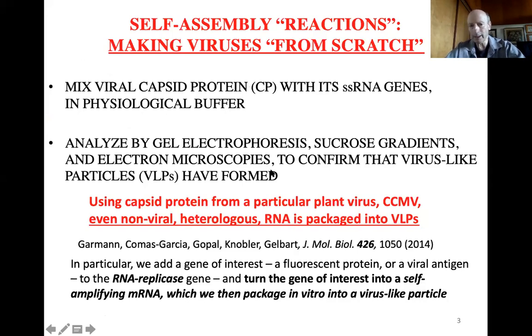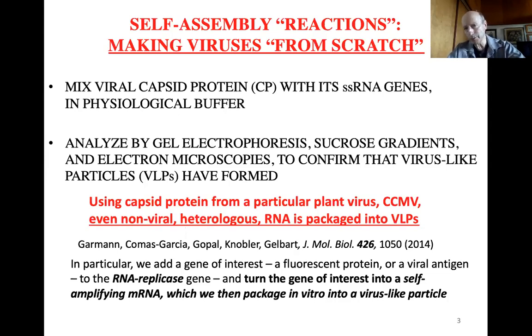And when we analyze the reaction mix, we find when we're using the capsid protein from this plant virus CCMV, that we can package any RNA. It doesn't have to be the viral RNA; it can be RNA corresponding to a particular gene of interest, a therapeutic gene, a reporter gene, a viral antigen for a vaccine.